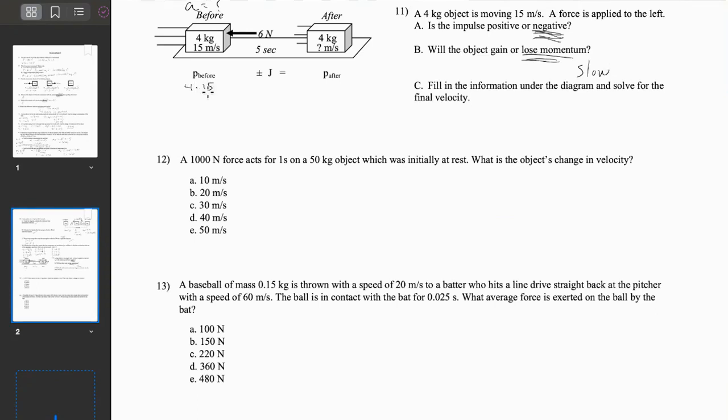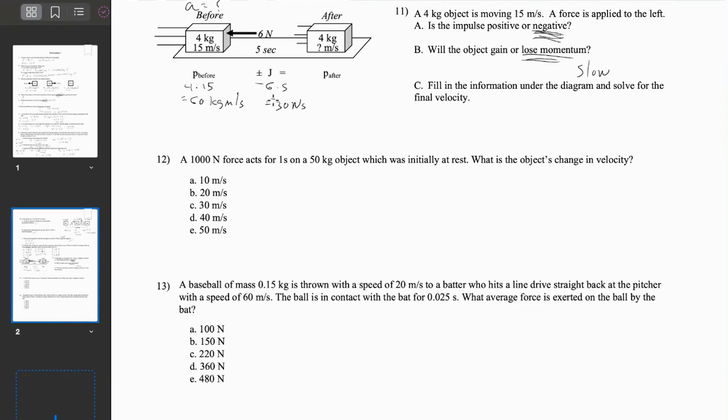Okay, well, the initial momentum is going to be mass times velocity, 4 times 15, which is 60 kilogram meters per second. The impulse is going to be 6 times 5, force times time. But keep in mind that 6 is a negative 6, so we should have a negative 30 Newton seconds impulse.